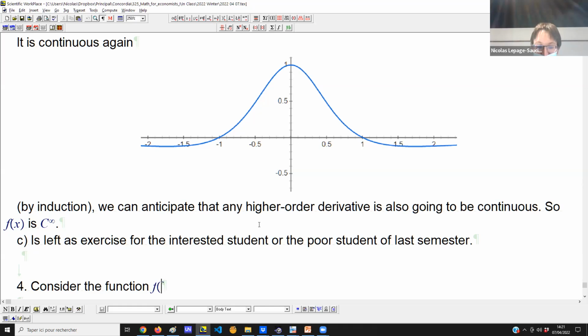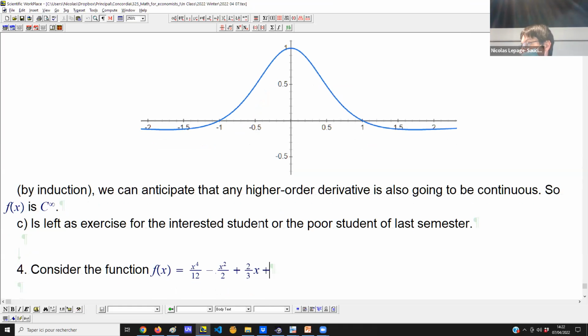f of x equals x to the 4 divided by 12, minus x squared divided by 2, plus 2/3 x, minus 1.